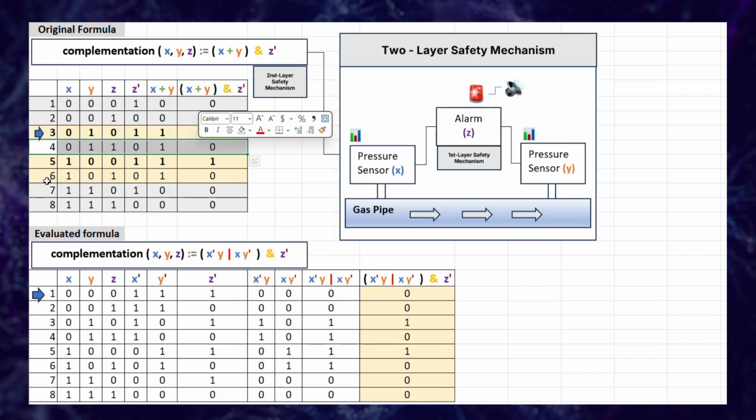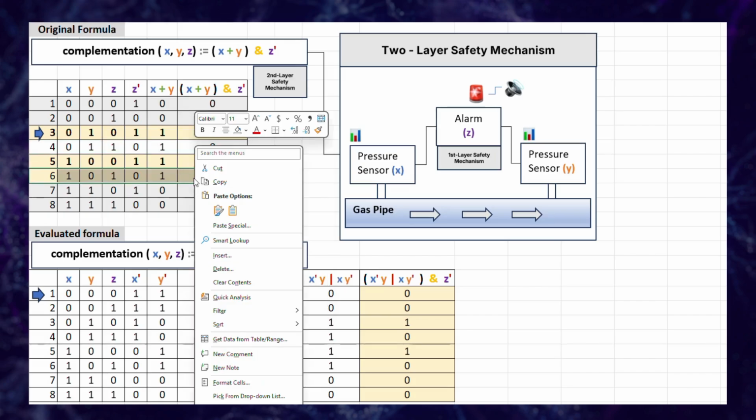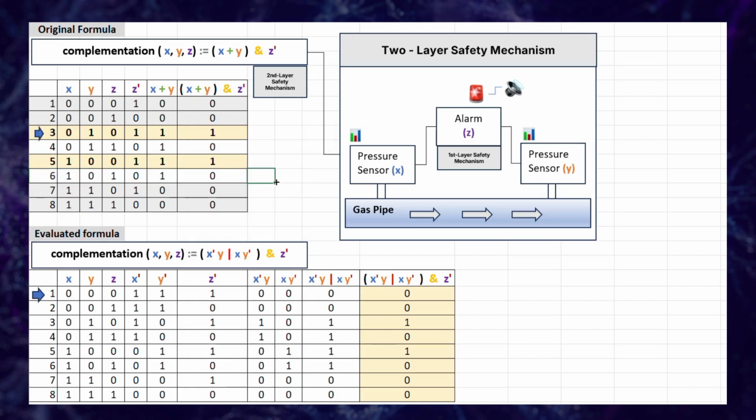So we focus our attention on this and this one to get the 0. So here I thought of two pressure sensors.